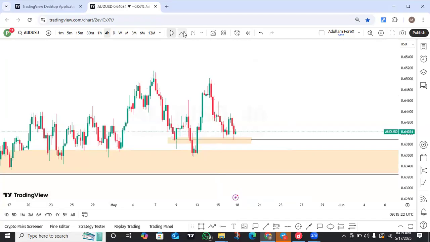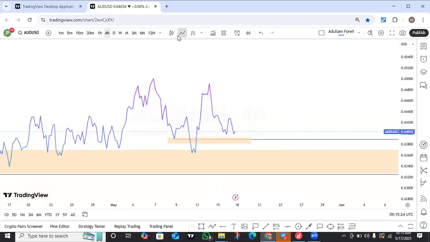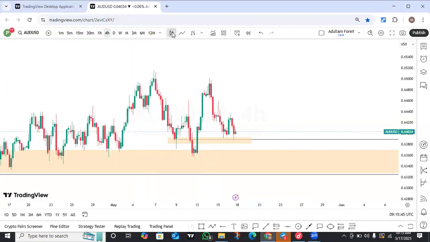So let's go to line chart. We have this high right here. We have the low. We have the lower low here, and then we have the higher high right here. So let's see. This is where I was expecting this GBP AUD USD to go bullish, but then let's see.